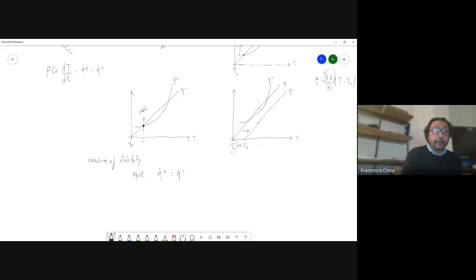So stability requires that the slope of Q plus be smaller or at best equal to that of Q minus. So this is pretty clear.